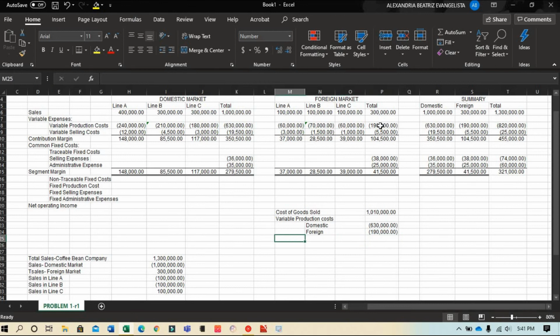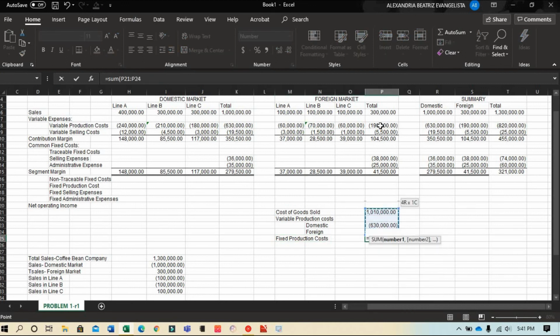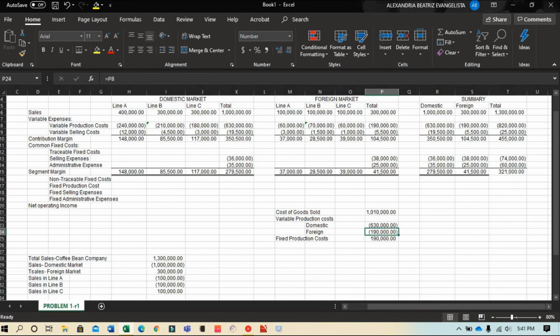So we'll be left with the fixed production costs, which is 190,000.